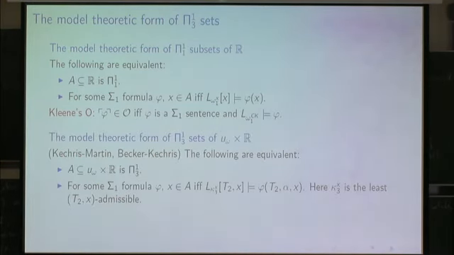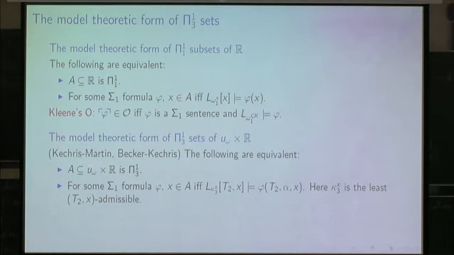This picture generalizes to Pi^1_3 by allowing an additional ordinal coordinate. A subset of u_omega times R is Pi^1_3. By the way, Pi^1_3 means Pi^1_3 in the sharp codes, because every ordinal in u_omega has a sharp code.